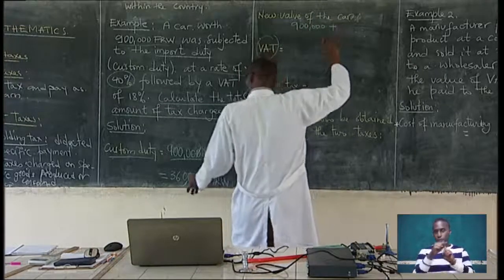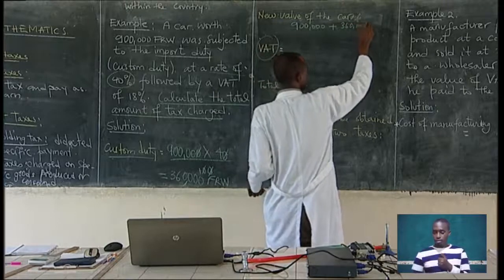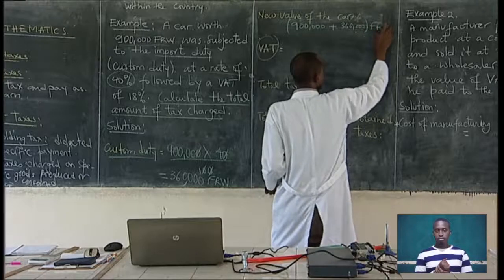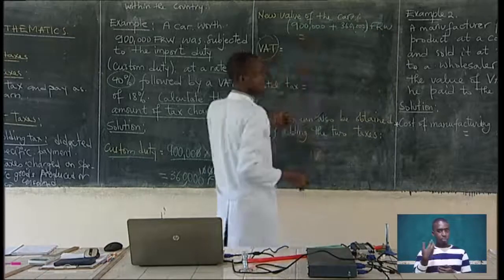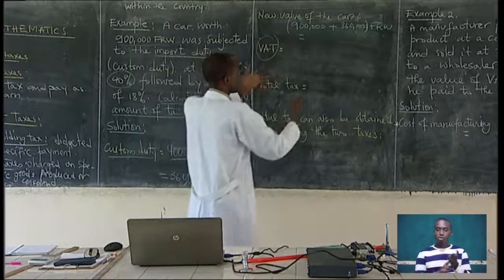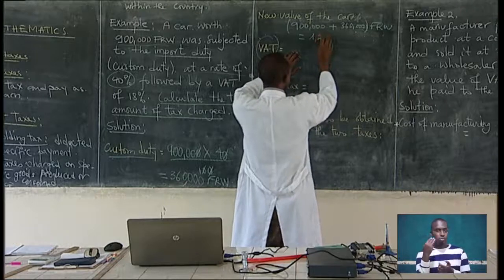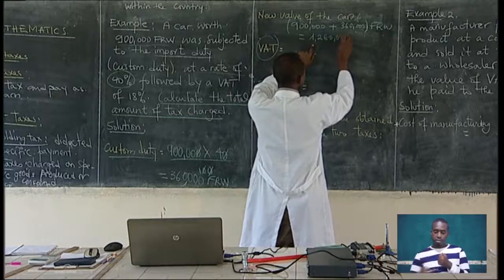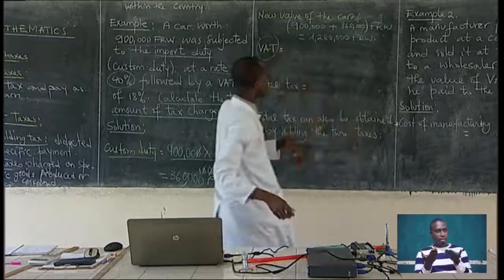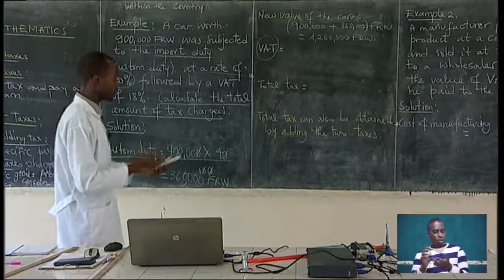We add this custom duty, 360,000 Rwanda francs, and we see what we get. What do we get? You can use the calculator. That is 1,260,000 Rwanda francs. If I'm not mistaken, I guess I'm right. You can verify and figure out if you're right.